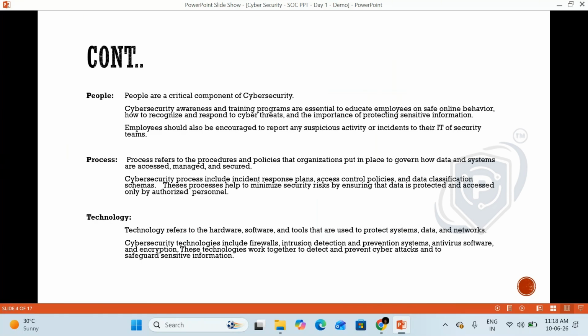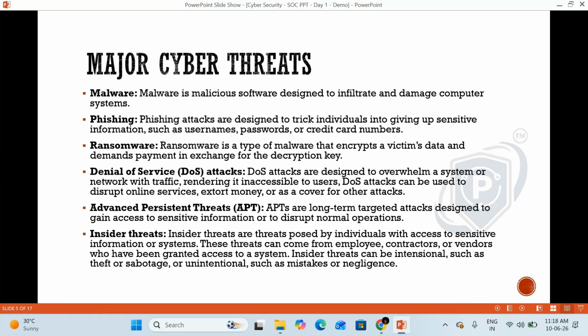Now coming to cybersecurity, there are multiple threats. Major cyber threats are malware, phishing, ransomware, DoS attack, DDoS attack, APT (advanced persistent threat), and insider threats. We already discussed all these types of cyber threats. Malware is nothing but malicious software which is used to infiltrate or damage the computer.